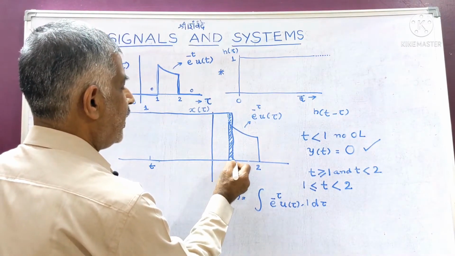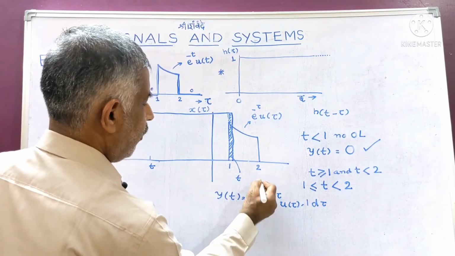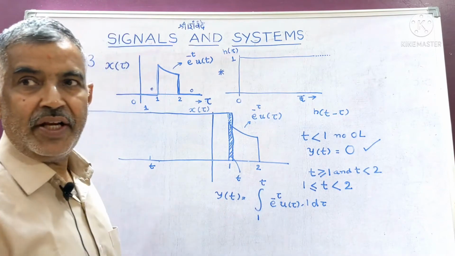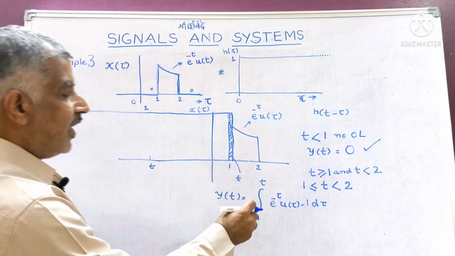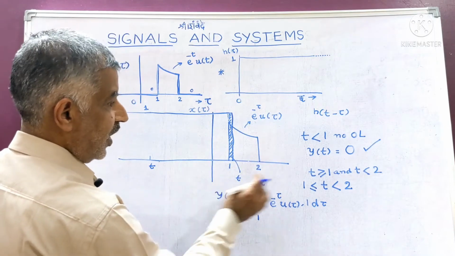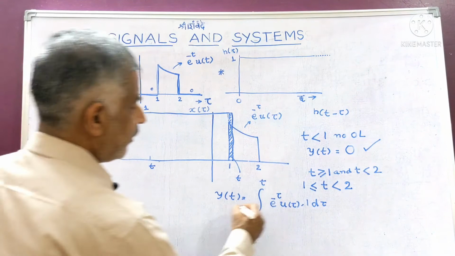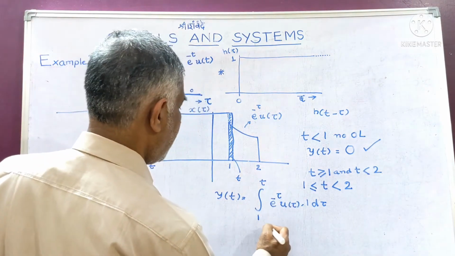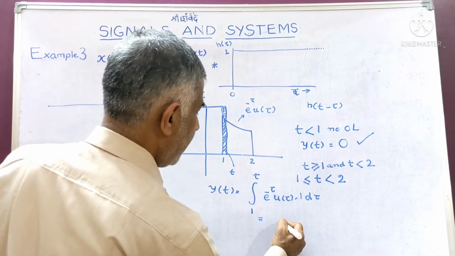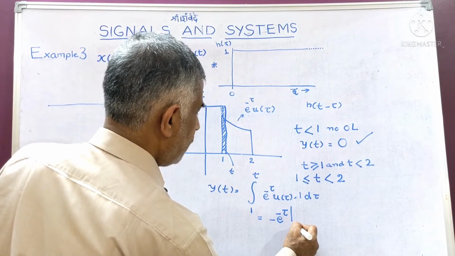With t equal to 1 and th. Therefore, here you write 1 and t. So 1 and t, it has started and it will go up to 2. That is taken care here. T less than 2. So here integrate. On doing integration, minus e power minus t from 1 to t.